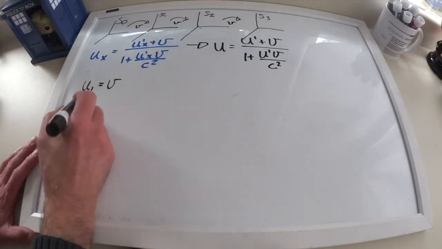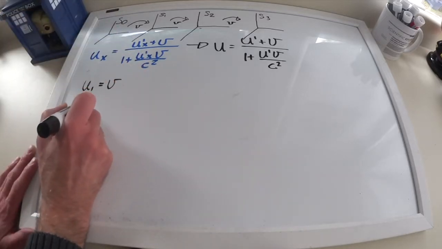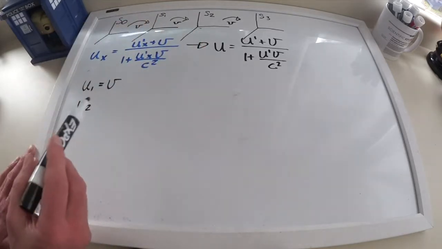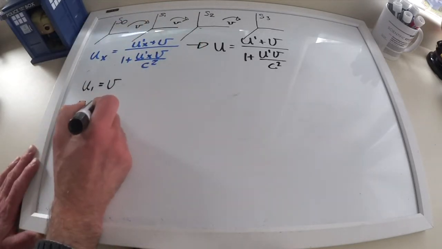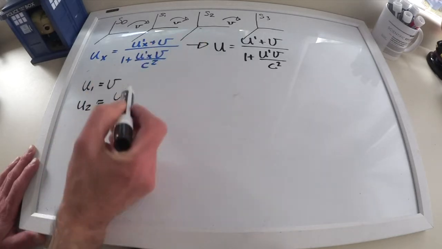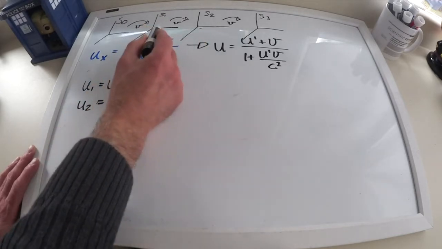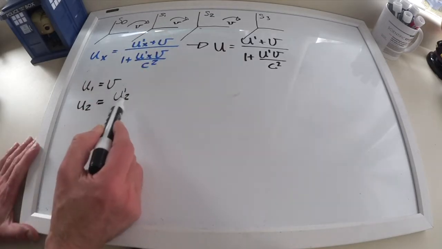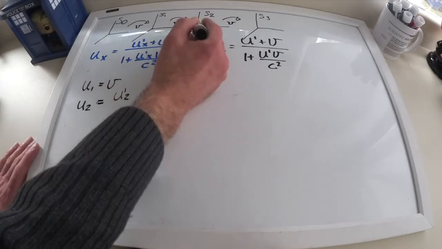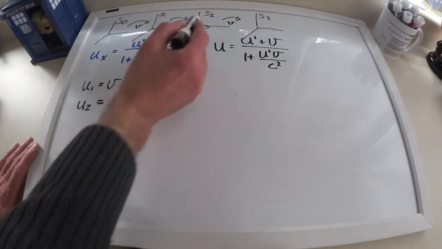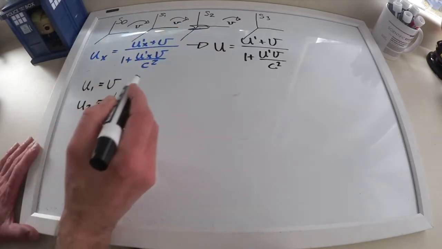So now we're looking for the velocity u sub 2 that the spacecraft will have when it's in reference frame S2, where u prime 2 is the speed of the spacecraft in reference to the previous reference frame S1. So this u prime 2 is the speed that the spacecraft has when it is in 2, as seen from 1.